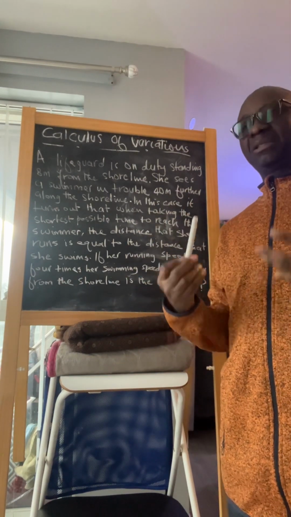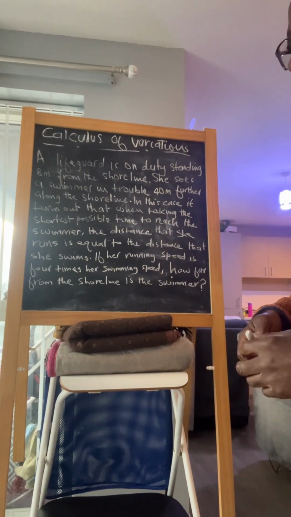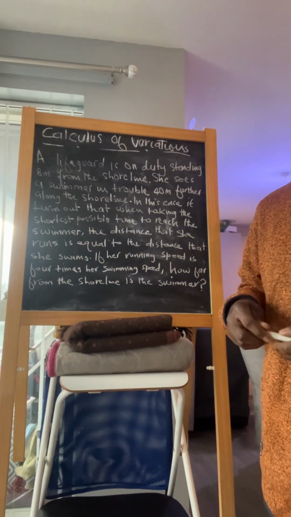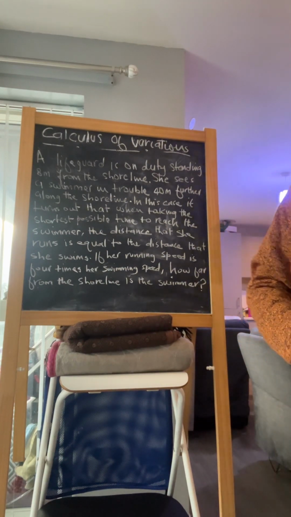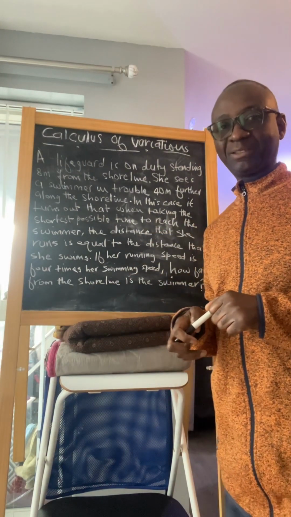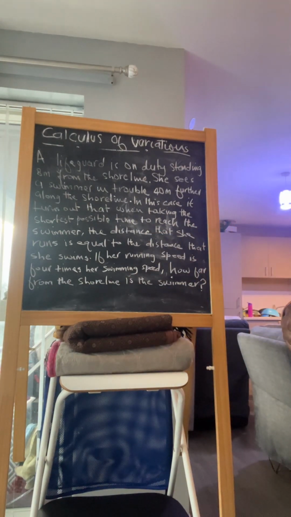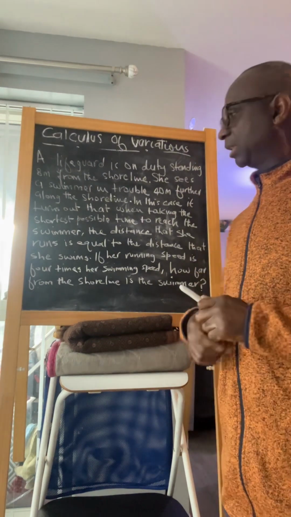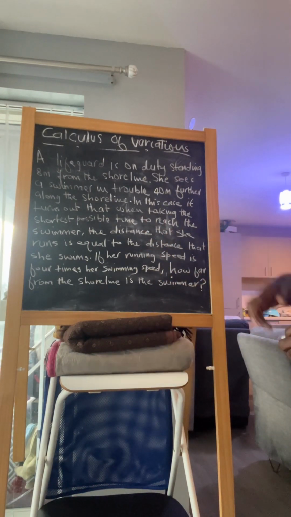He helped a lot to formulate the laws of refraction of light. He did a great job in that sense. So now let's see how we're going to solve this problem.